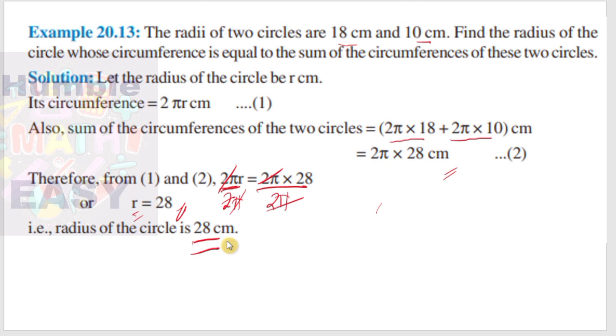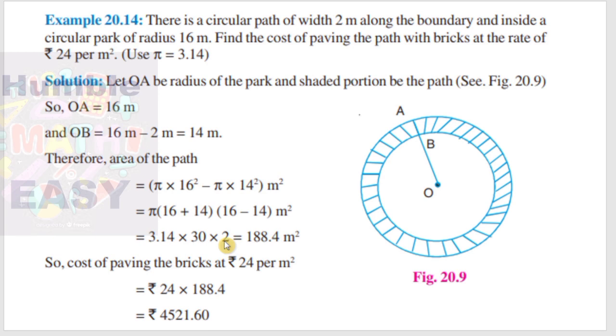Next we have another example: there is a circular path of width 2 meters along the boundary and inside a circular park of radius 16 meters. Find the cost of paving the path with bricks at the rate of 24 rupees per square meter. Use 3.14 as pi.